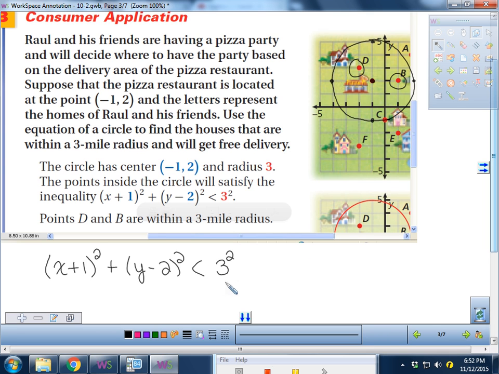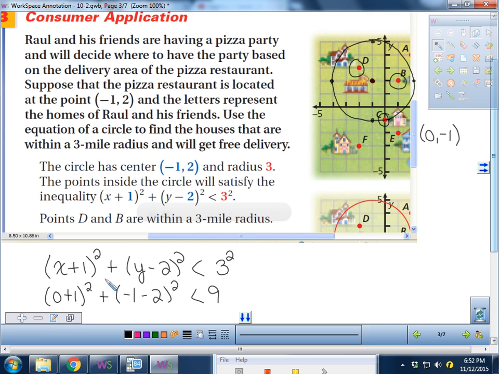I want to know if this point is going to work. This point right here is 0, negative 1. So I plug 0 in for x, so I have 0 plus 1 squared, and I plug negative 1 in for y. The 3 squared is actually 9.